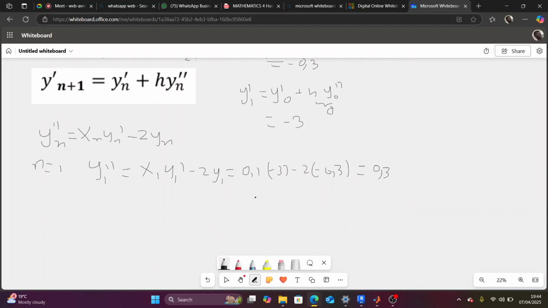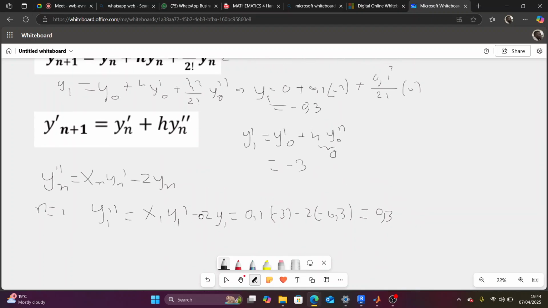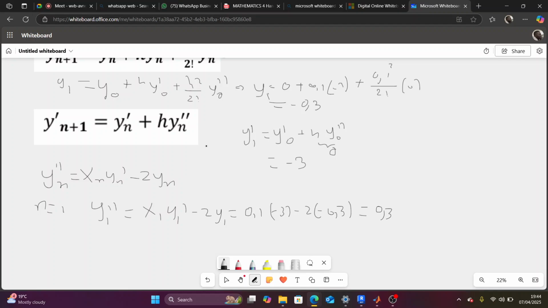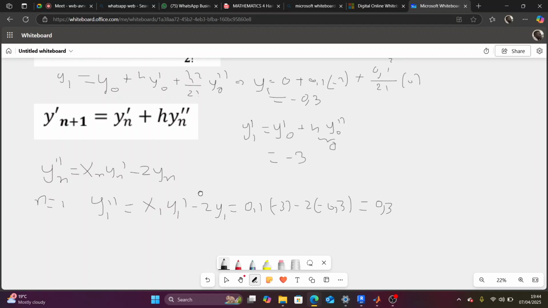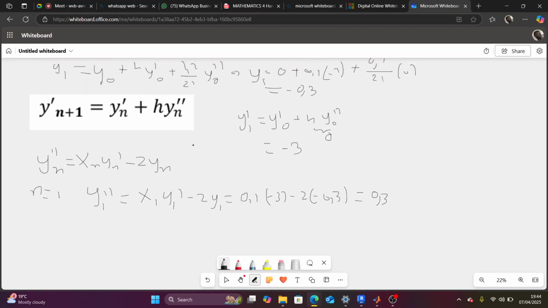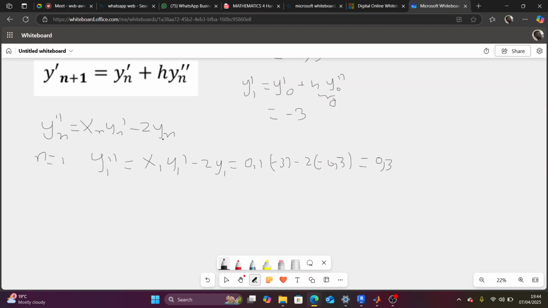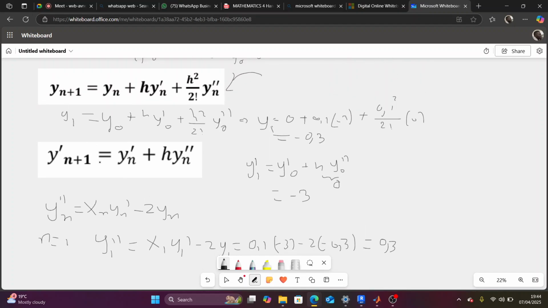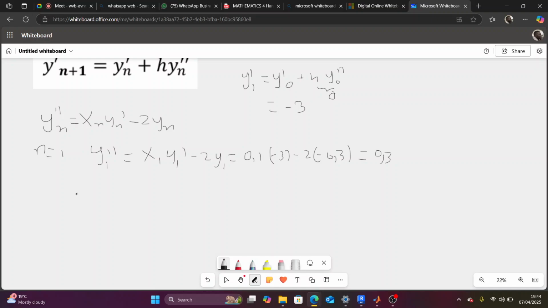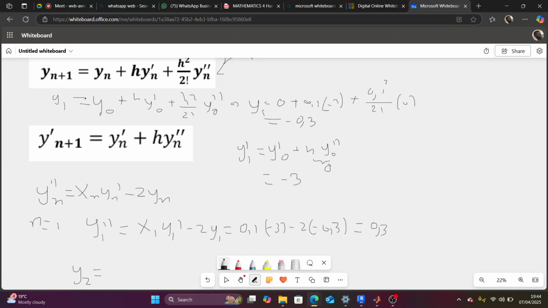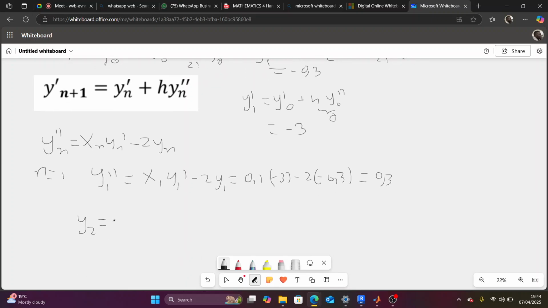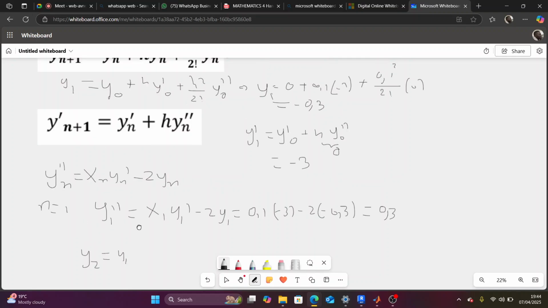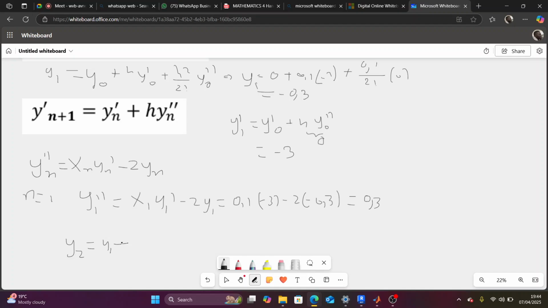Now, for the same n equal 1, we're going to get y2 and y prime 2. How do we get it? Remember, here is the formula. If n equal 1, this will become y2 to be equal to y1 plus h, what is this one?